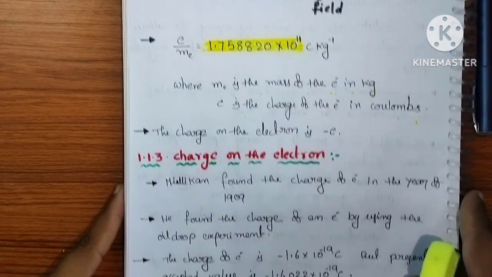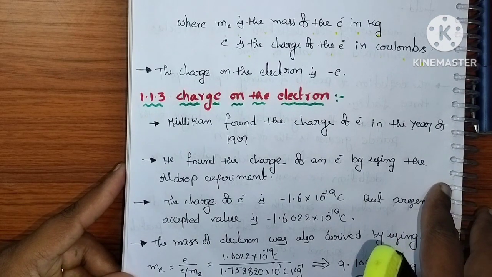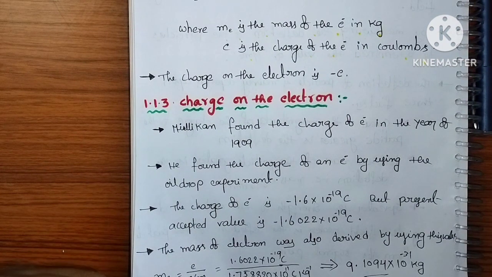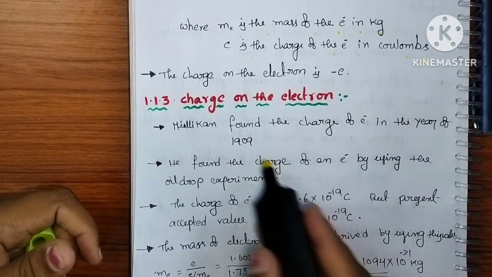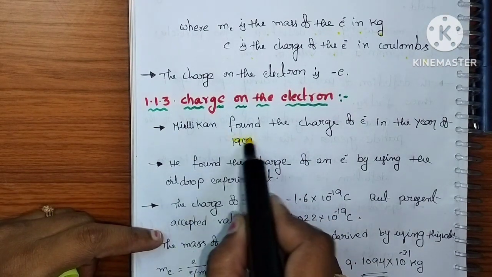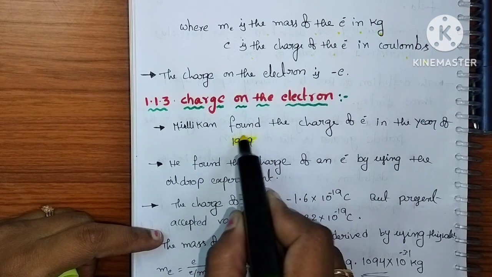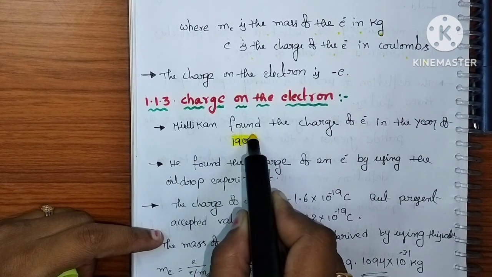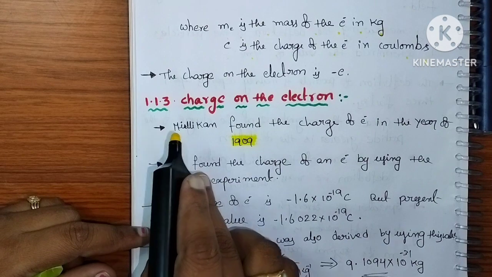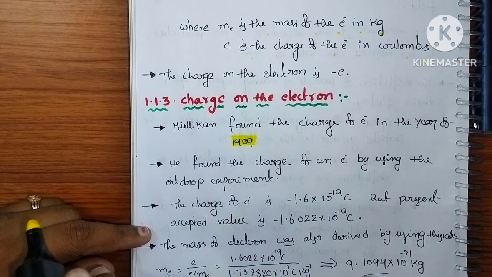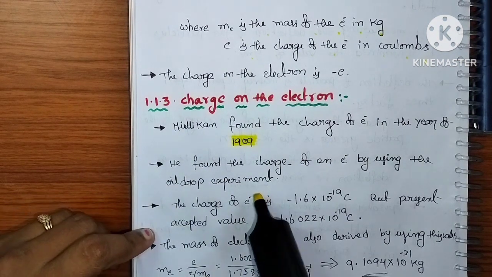And next, coming to another topic, charge on the electron. The charge on the electron was found by Millikan in the year 1909, after J. J. Thomson discovered the e by m value. Millikan wanted to discover the charge on the electron by using the oil drop experiment.